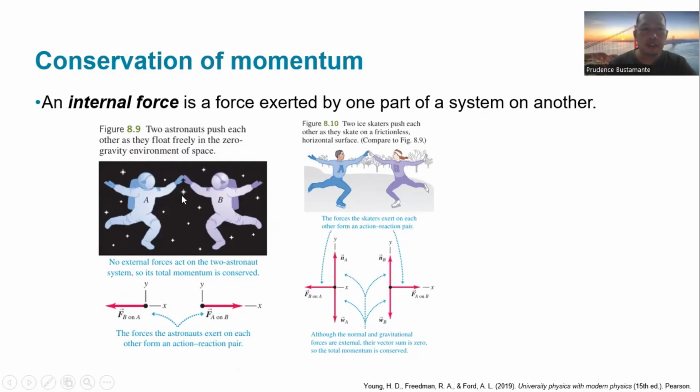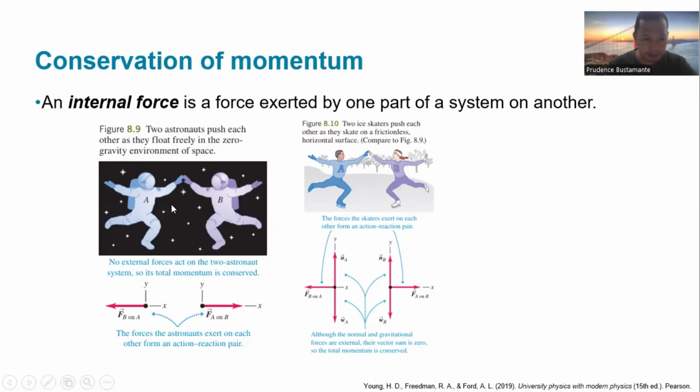Say for example, we have two astronauts. They are in the environment of space where there's no gravity and no friction. So there are no other forces but the forces they exert on one another.